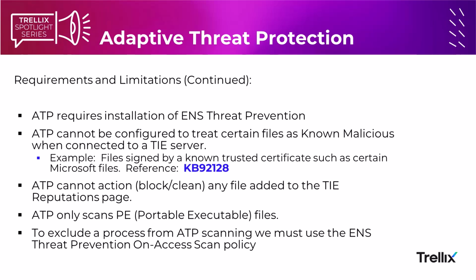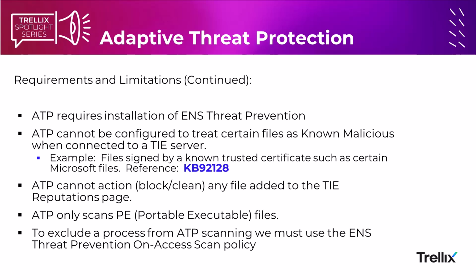I want to state this. We should have another piece on this in the best practices, but it's worth mentioning here. You can't configure ATP to delete, or take an action against any process you want, right?